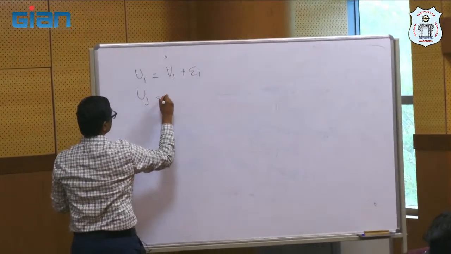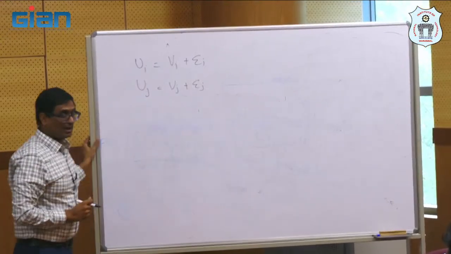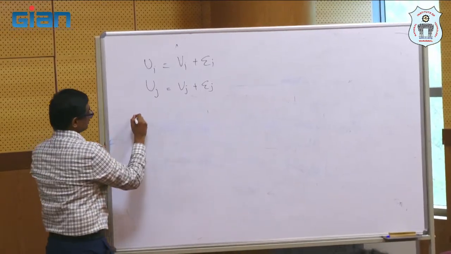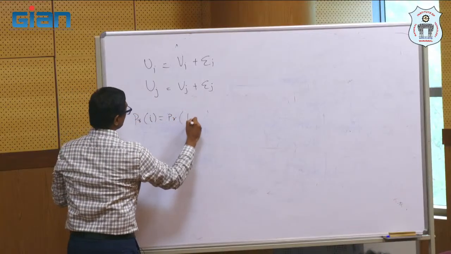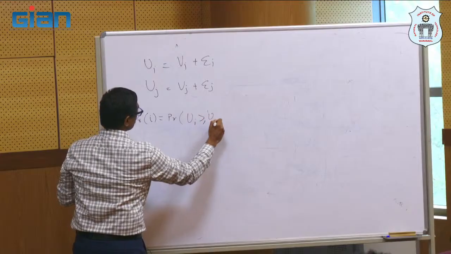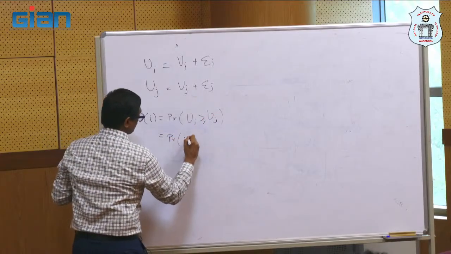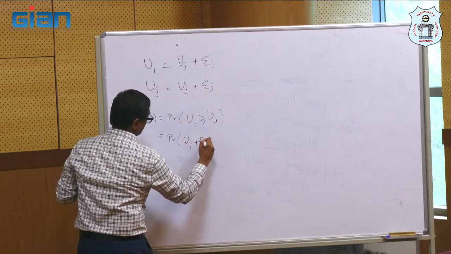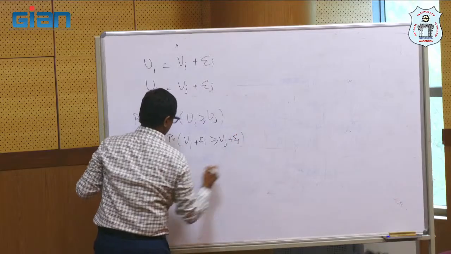Alternative I and alternative J. If you have observed utility like this, the probability of choosing I is the same as the probability of Ui greater than or equal to Uj. This is the same as the probability of Vi plus epsilon i greater than or equal to Vj plus epsilon j.